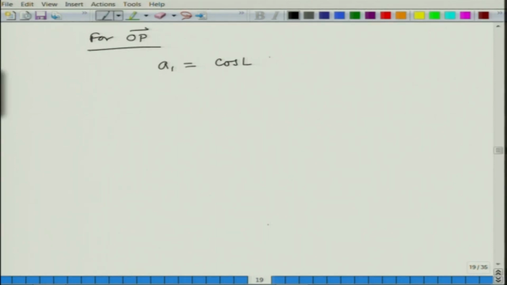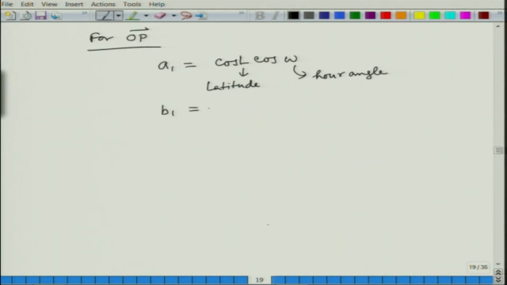Then within that xy plane, to project it on the x axis, we multiply with cos omega, the hour angle. For the first few times I will repeat what each angle is, so please go back to that figure and ensure that you understand how we are getting each of these direction cosines. So, A1 is cos latitude multiplied by the cos of hour angle.